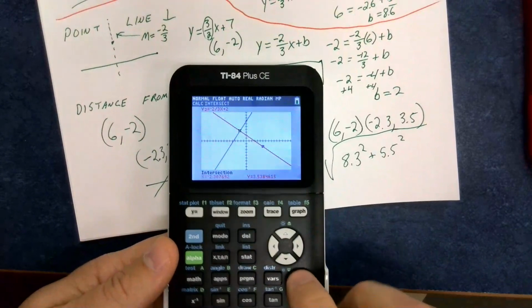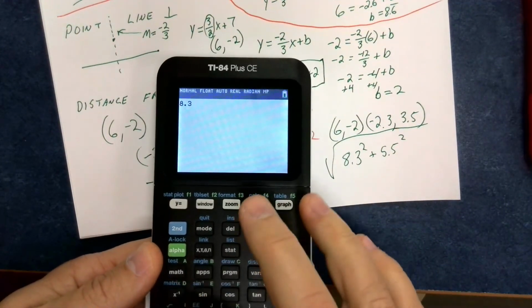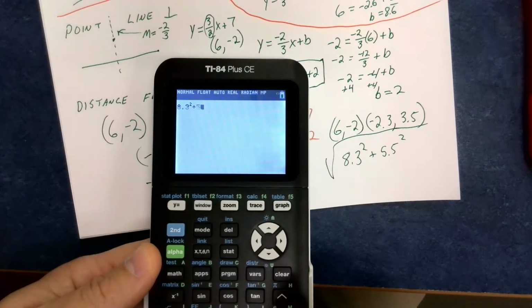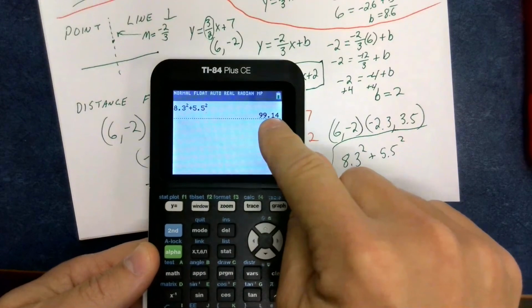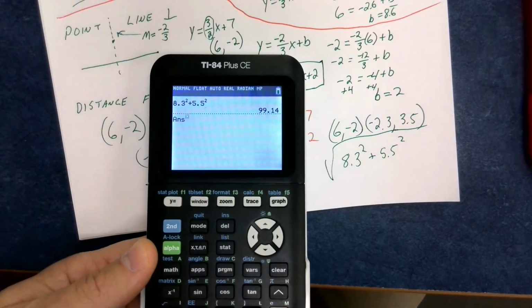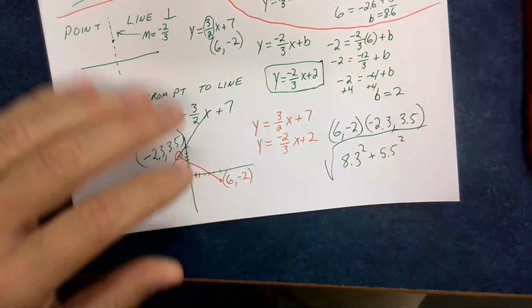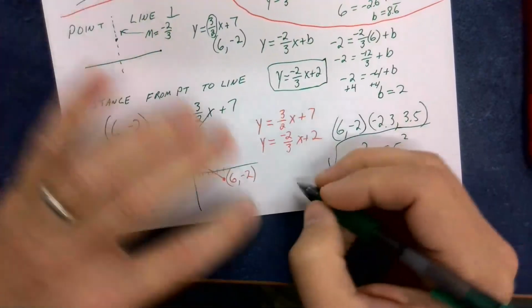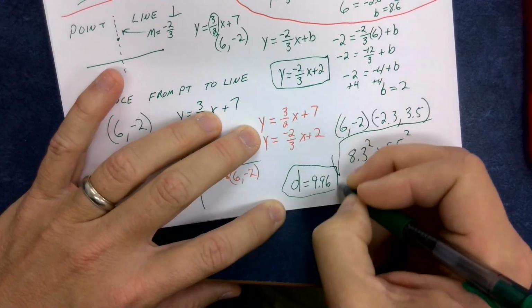And on my calculator, just like this, 8.3 squared plus 5.5 squared. Enter, 99.14. Square root it, which is raising it to the 0.5. I get about 9.95, 9.96. So that distance is about 9.96.